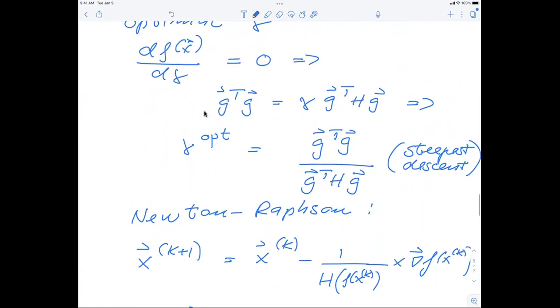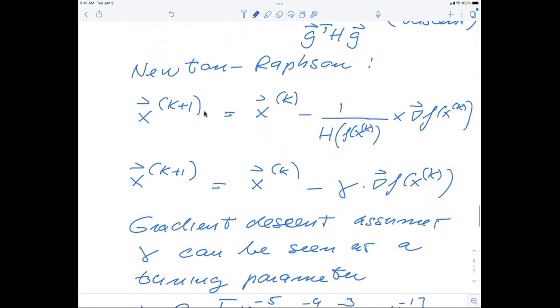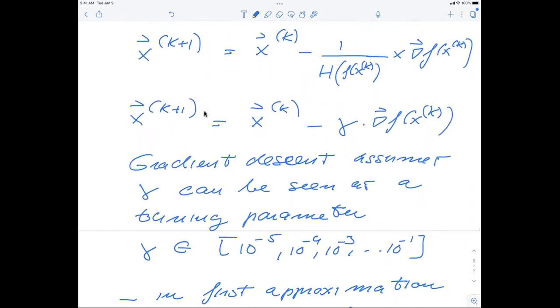So that means that we can derive the optimal value for this parameter gamma, which is going to lead to what's normally called the steepest descent method. The cheapest possible way of doing this is to replace the second derivative. And in our case, when we deal with more than one variational parameter, this ends up being a matrix given by the Hessian matrix, and then we have to invert the matrix as well.